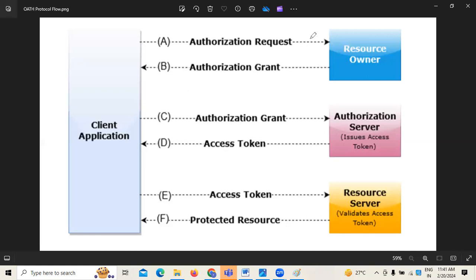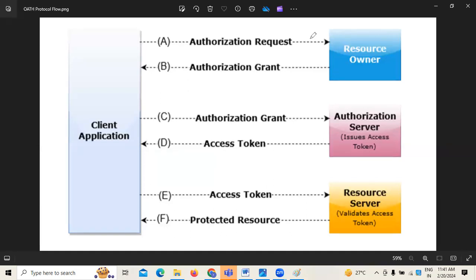The authorization server majorly issues access tokens whenever required. Whenever an authorization grant has been given, there is a possibility that we have to access and issue the tokens.